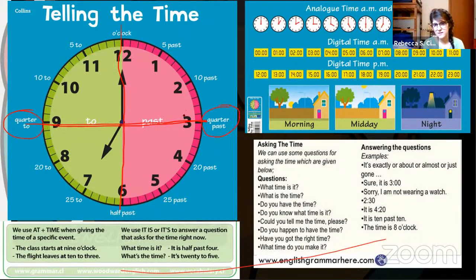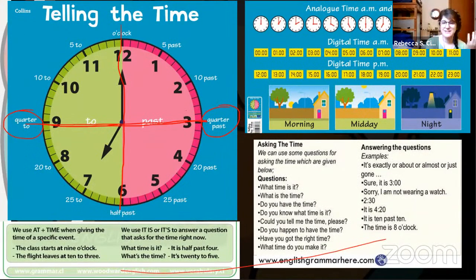So this and this. When the long hand is here, you count how much is left to reach this. In this case, you say 1/4 to.